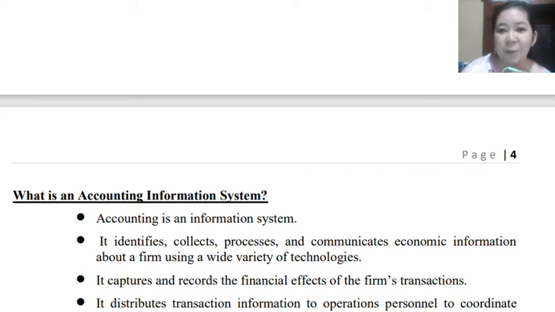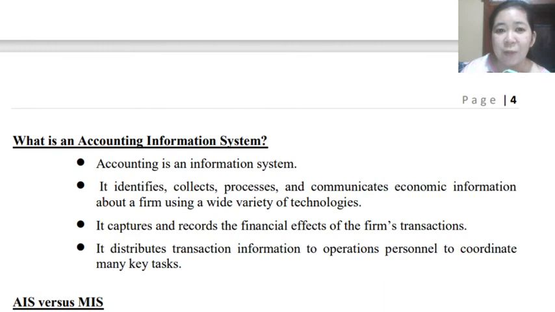Okay, so an accounting information system, basically, this is the information flow used or designed specifically for accounting, okay, or recording of the business transactions or financial transactions, and transforming it into financial reports.